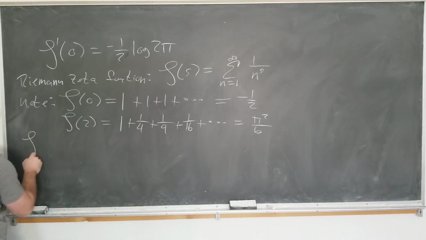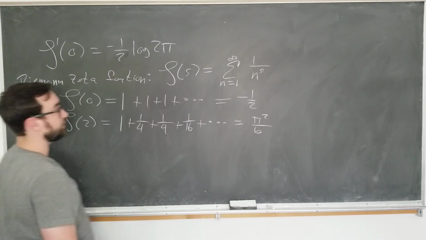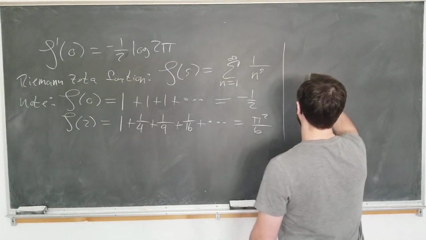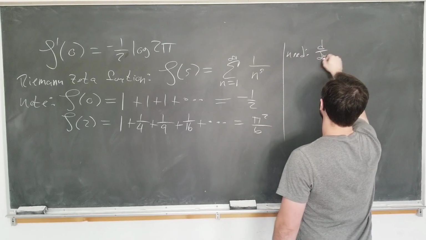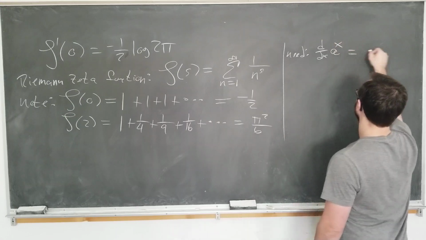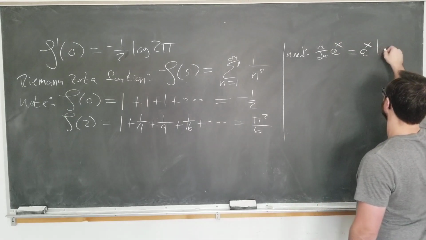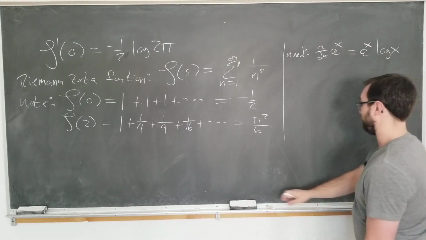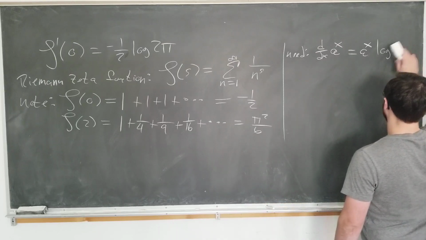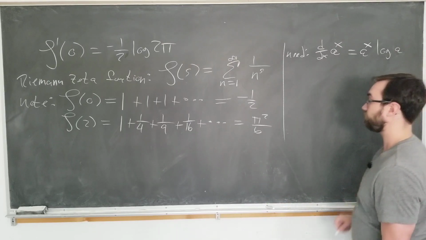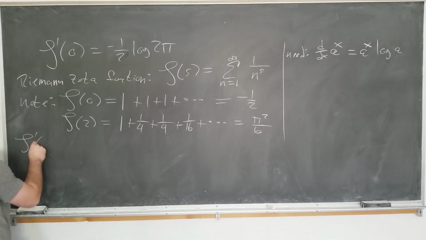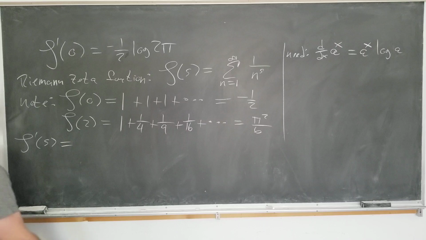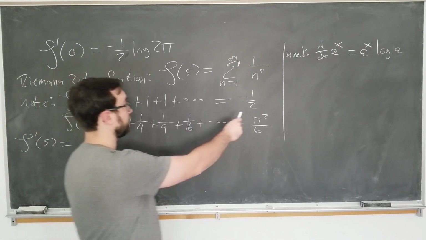We're going to need the following facts. We're going to need that the derivative of an exponential is simply the exponential times log of the base. Now we can look at the derivative. Zeta prime of s, so s is the variable here.